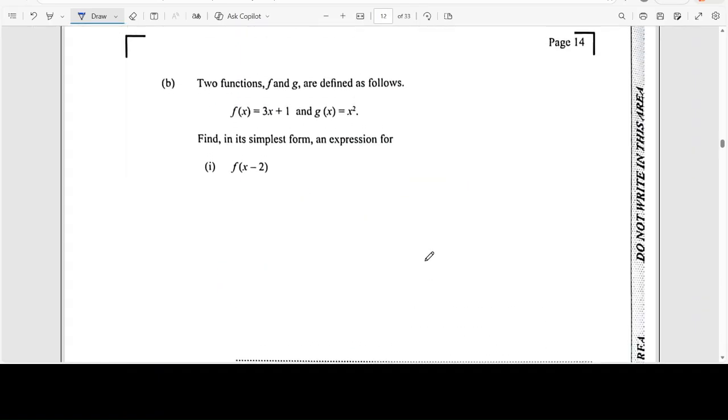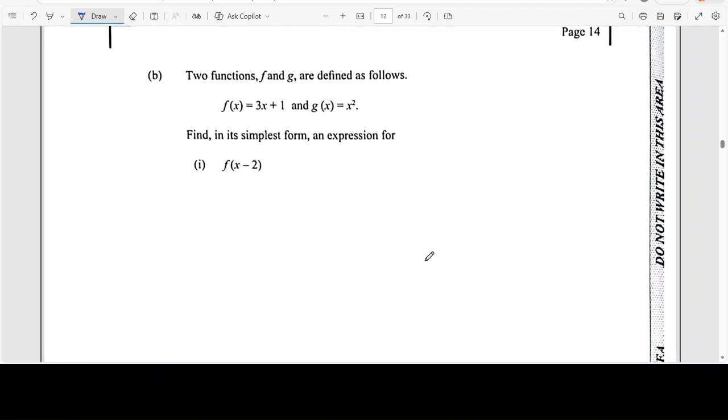So the functions part of the question here now, we have two functions, f and g, defined as follows. F of x is 3x plus 1, g of x is x squared. Find in the simplest form an expression for f of x minus 2. So we want to substitute x minus 2 wherever we see x's in the f function.